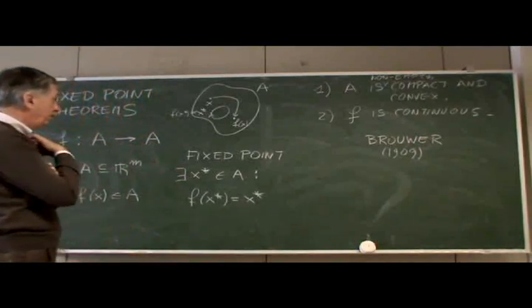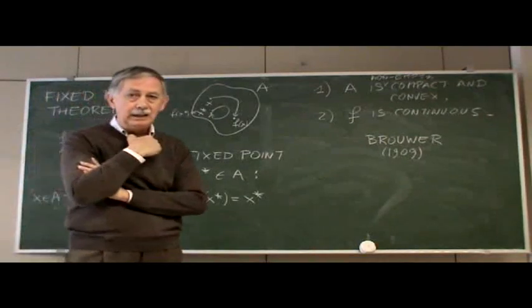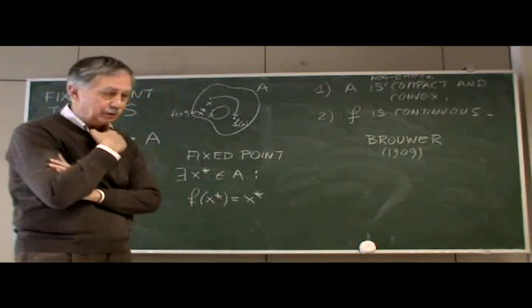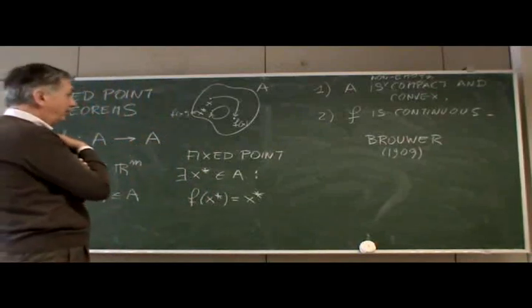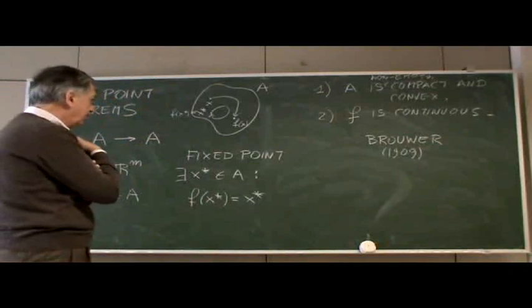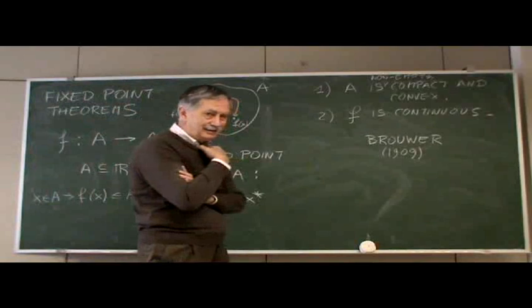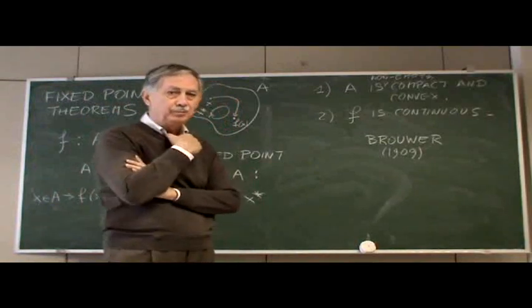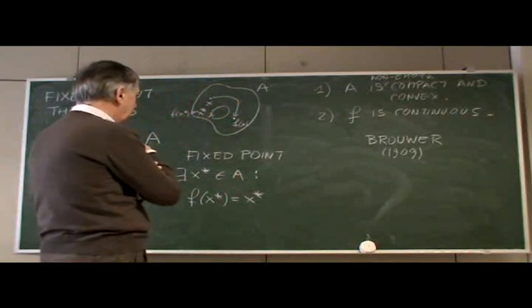But all the proofs of a fixed point in reality are proofs ab absurdo, and so from his point of view we are not very satisfied. However, since we accept the ab absurdo proof, there is no problem for us.